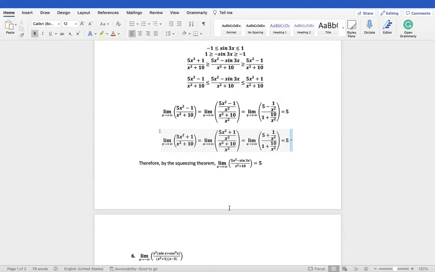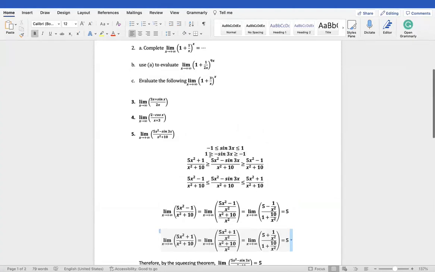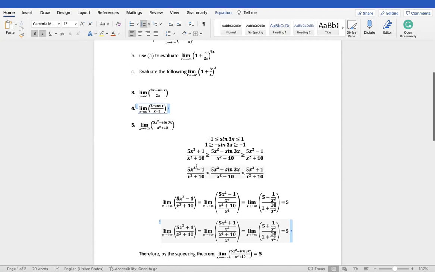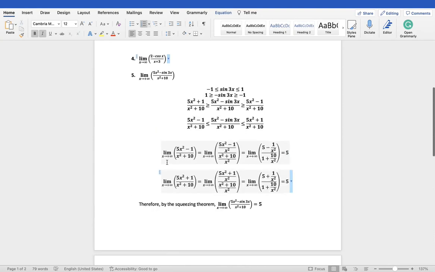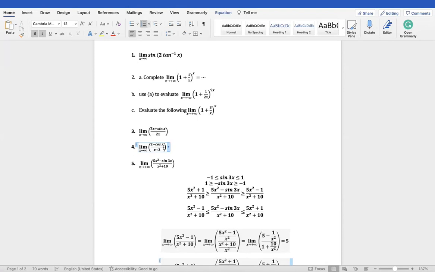Well, what you will see now is, especially for the squeezing theorem, as I said, the squeezing theorem is really applied for functions that are not easily solved using L'Hopital's rule. As soon as you do L'Hopital's rule, you will really understand this concept. L'Hopital's rule is a lot easier to implement when you've done differentiation, because it uses differentiation, right?